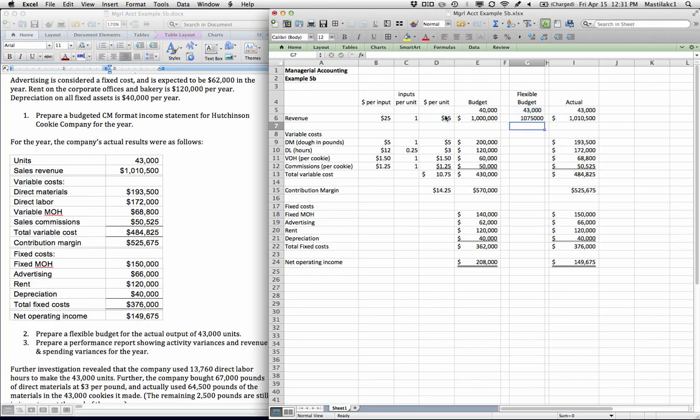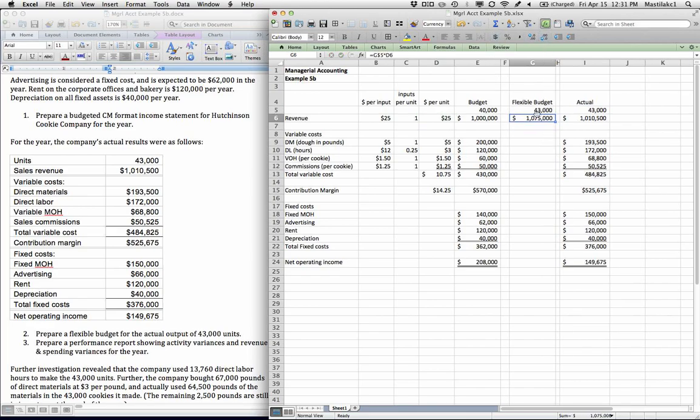So all we really need to do is take our actual number of units, multiply them by our budgeted revenue and cost per unit, and simply fill in a budget for what we should have at 43,000 units.